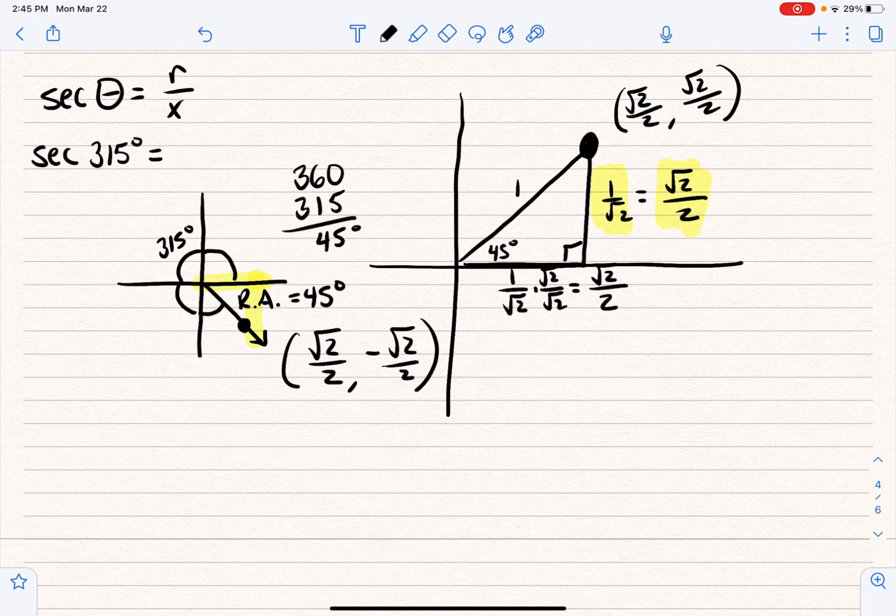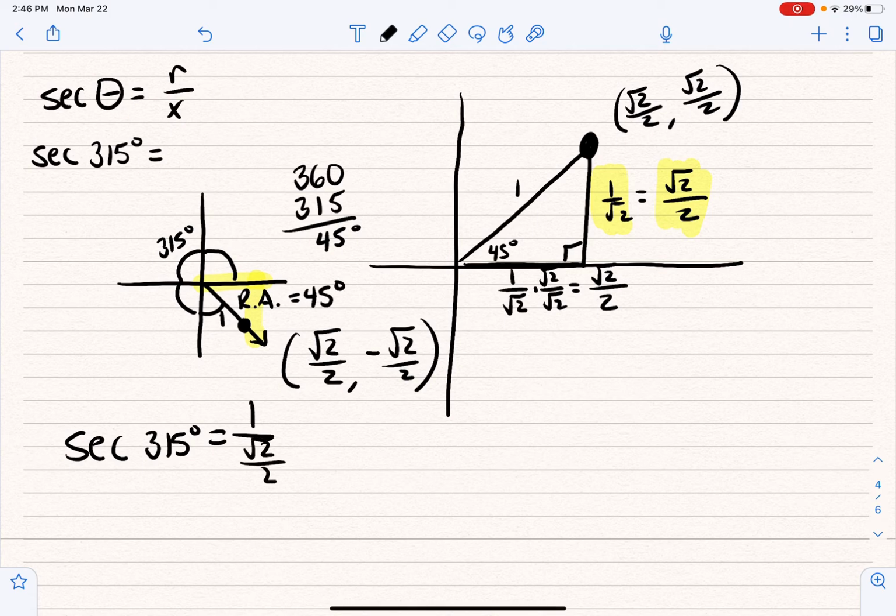Now, also, I know that the r value is 1. And so if I'm thinking about secant theta, I can now figure this out. The secant of 315 degrees is equal to r, which is 1, over x, which is square root of 2 over 2.